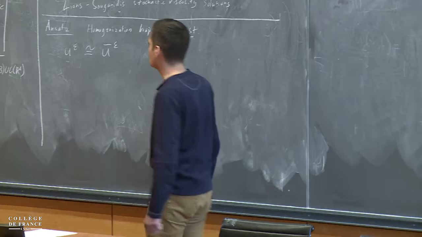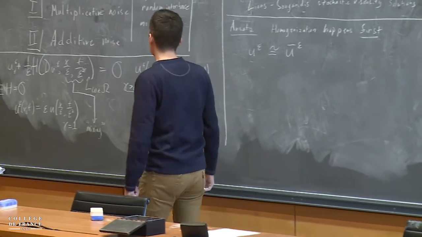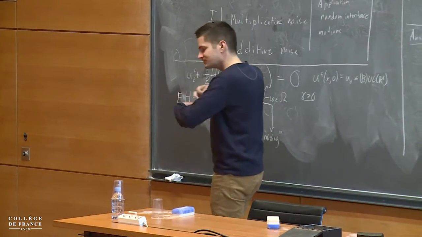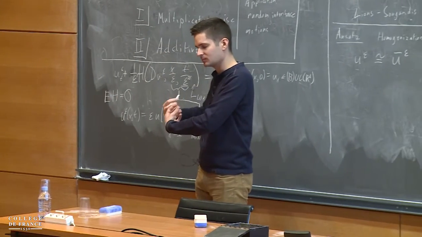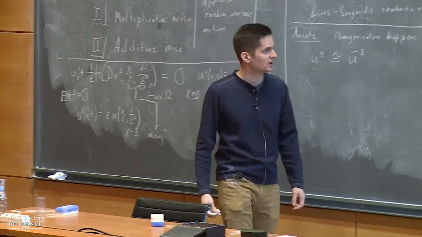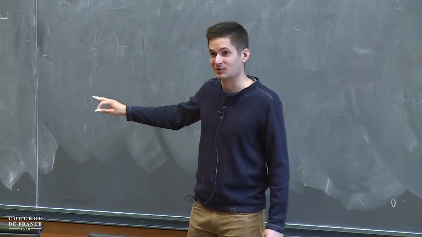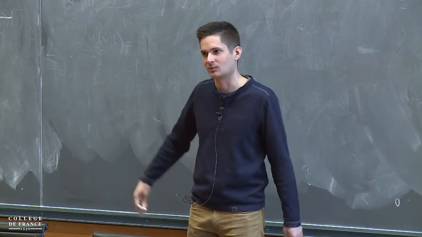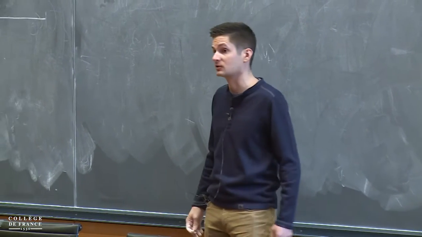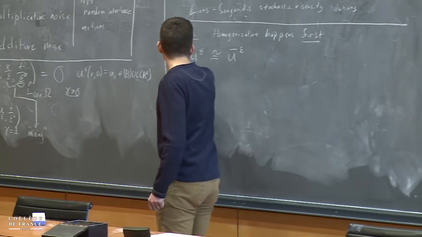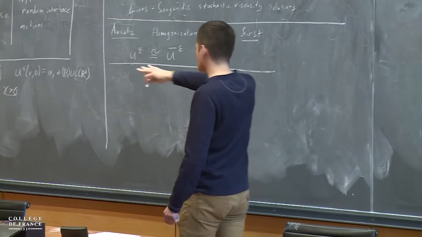So basically I will be treating the time noise part as sort of a slow variable. So it's rather difficult at this general stage to even write down what equation u bar epsilon should solve. So for this, I'm going to need to put a few more restrictions on my h.